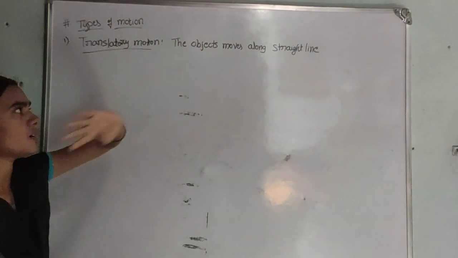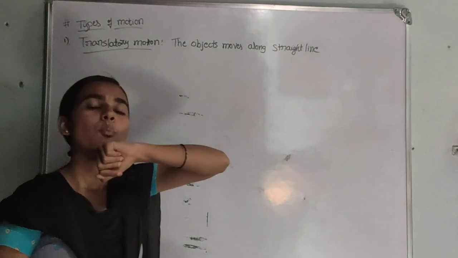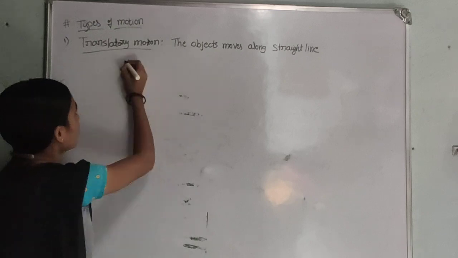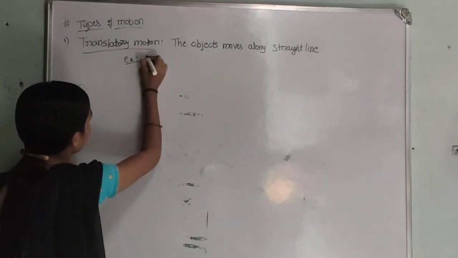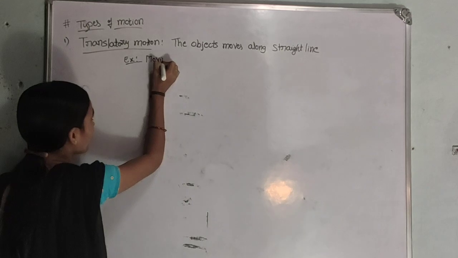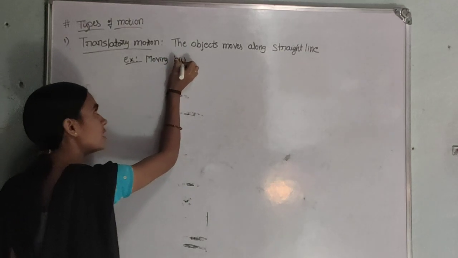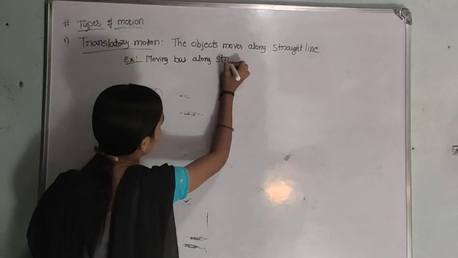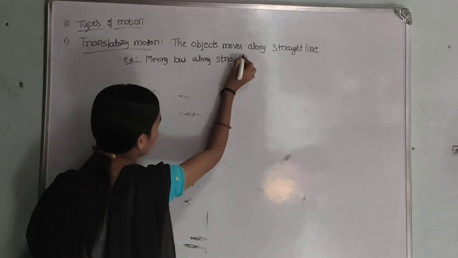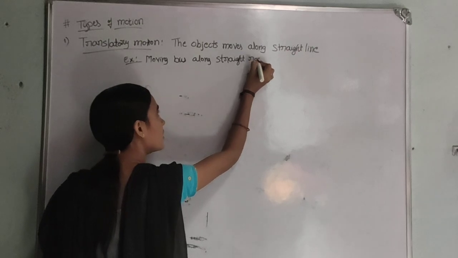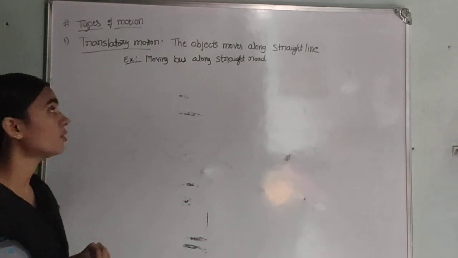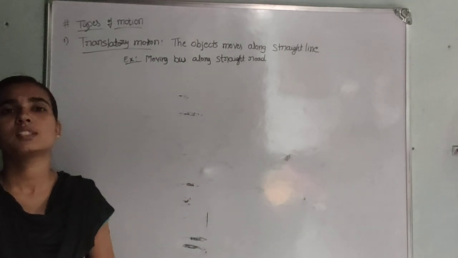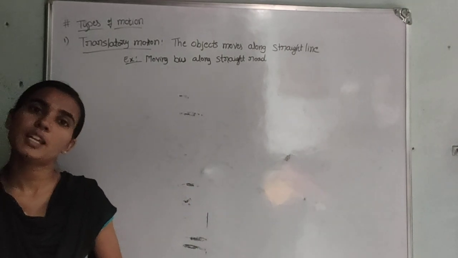An example of translatory motion is the motion of a bus moving along a straight road, or a march past of soldiers.